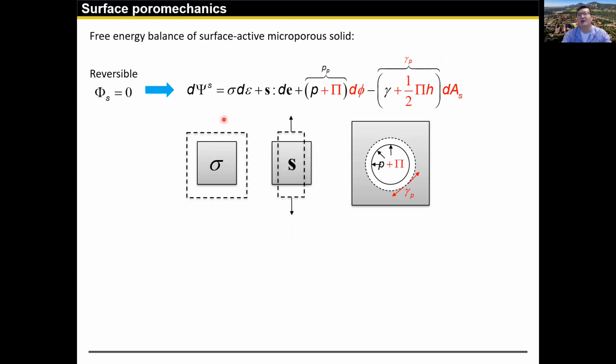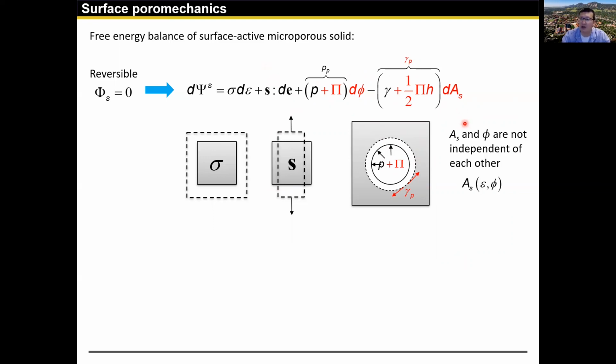It basically says you can store elastic energy in the skeleton by isotropically compressing it, deviatorically stretching it, which is the second term, or enlarging the pore by pressurizing, and then the conjugate variable is now P plus pi, or stretch the surface area, which is conjugated with the surface tension, the equivalent surface tension gamma P.